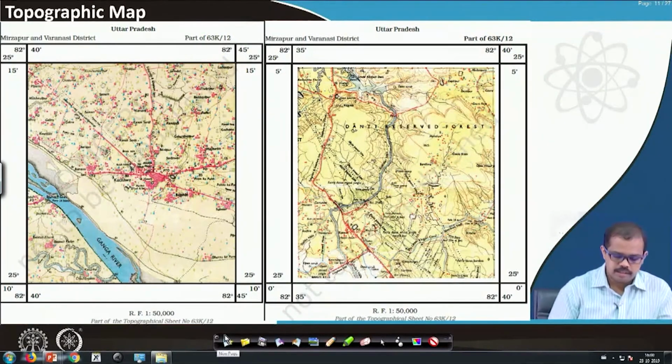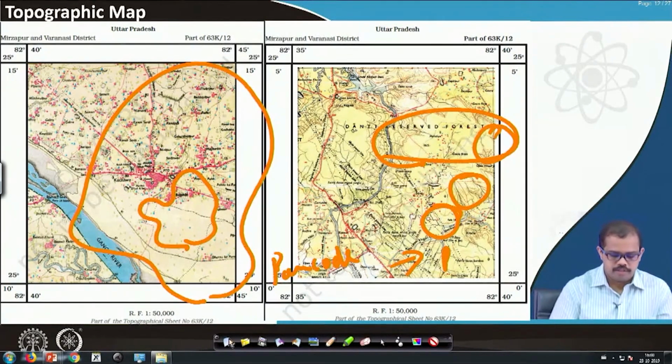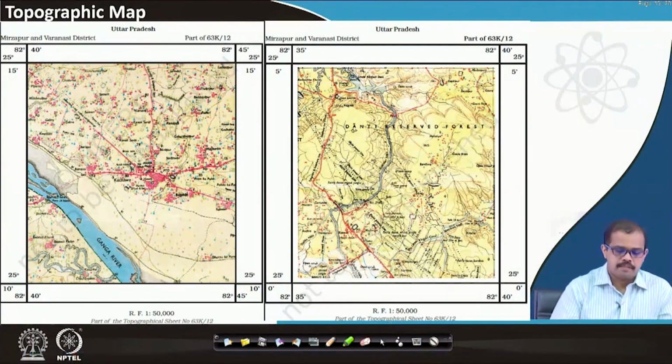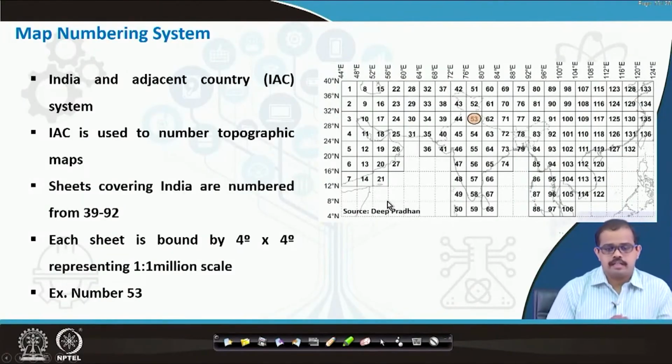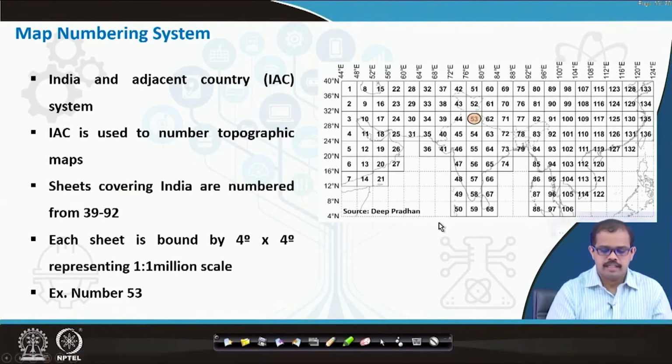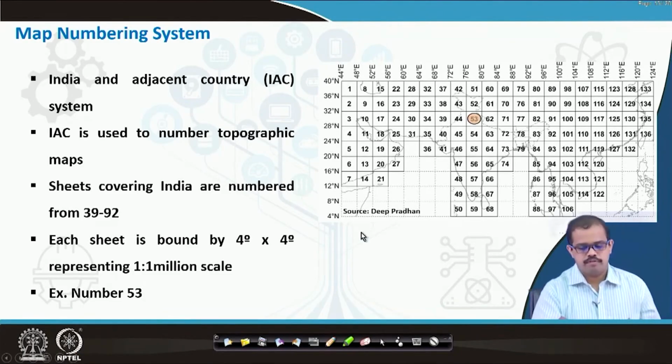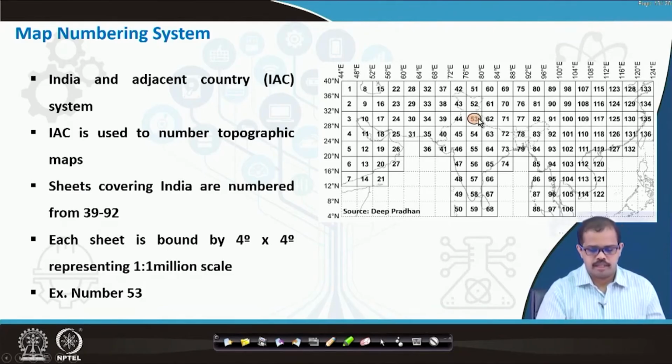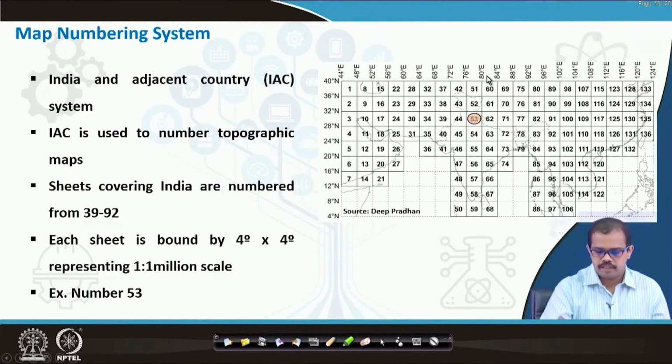Once you have understood this, let's slowly graduate to the next set of representations of a map, how India and country representation is used. If you see this particular representation shown on the right side, this is how IAC works. The map sheet number 53 is representing this region. IAC can have details of all of these maps in this particular region.